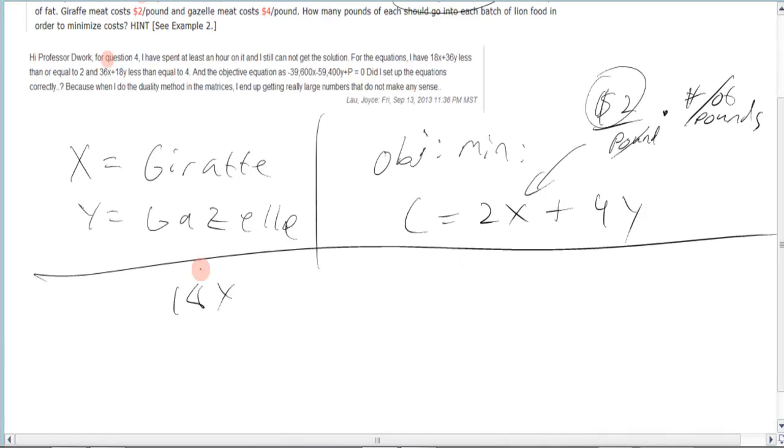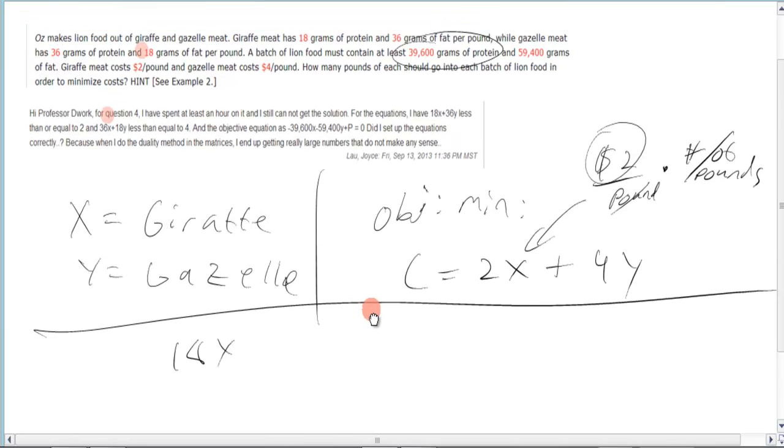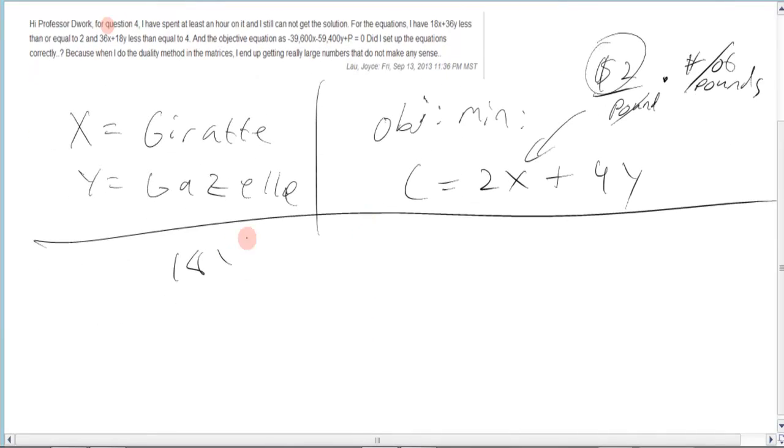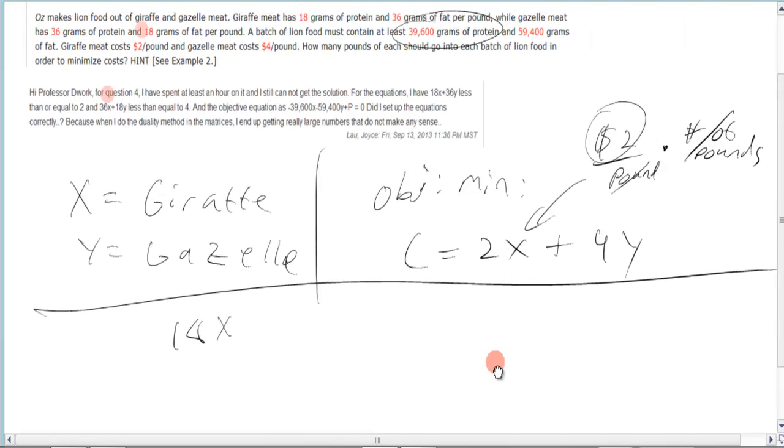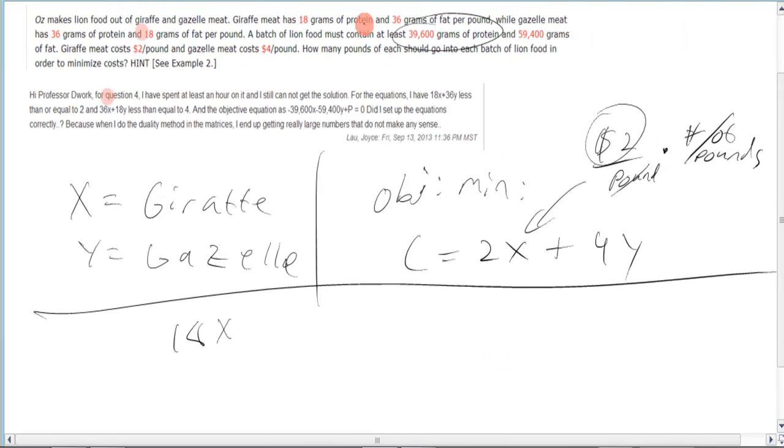This is 18 grams per pound, 18 grams per 1 pound, and we're going to multiply that by x, which is measured in pounds. So when our units divide, we're left with x times 18, which is the unit of grams. So when I write 18x, it's going to leave me with units of grams, and more specifically, grams of protein.